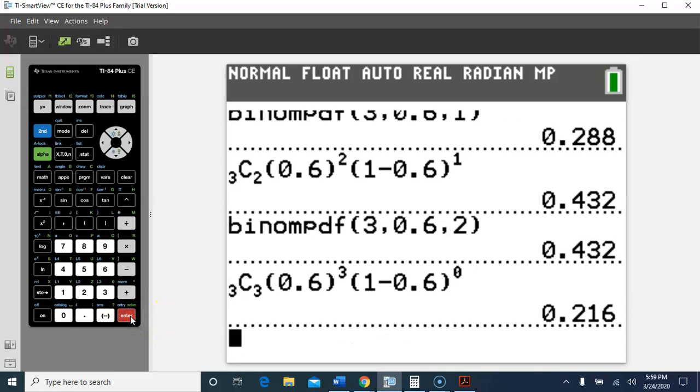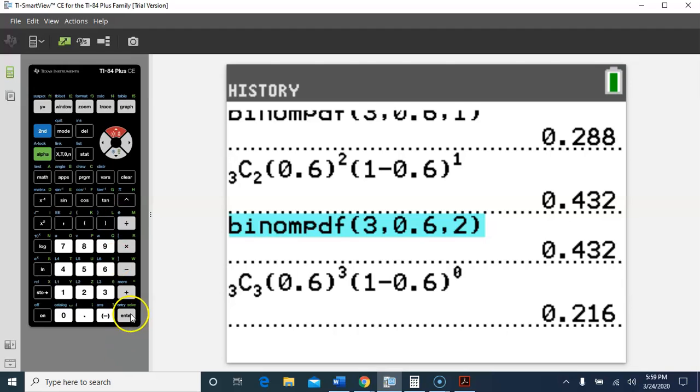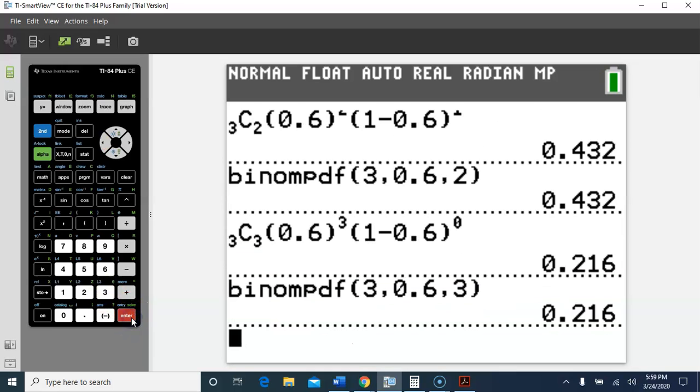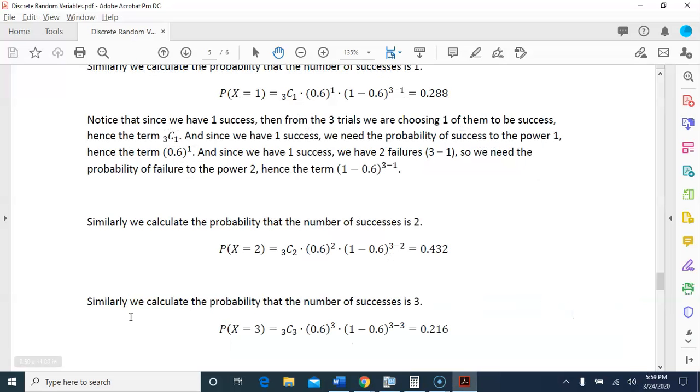So that's the same 216 number, or using the built-in function on this calculator, put a 3 there. We want to find the probability of 3 successes, 216.